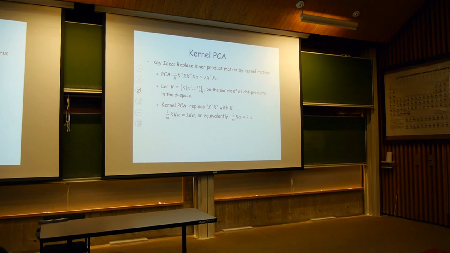The whole point is that you can rewrite everything in terms of that matrix, which exactly corresponds to the matrix of dot products between examples. So then I can just kernelize it, replacing it with the kernel matrix, and then I do great.